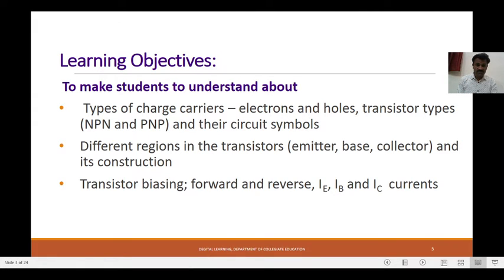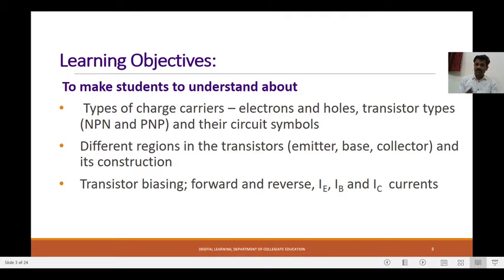With these prerequisites, after this session, one should be able to understand the types of charge carriers, that is, electrons or holes, and different types of transistors, for example bipolar junction transistors, which are of two types, NPN and PNP, and their circuit symbols.